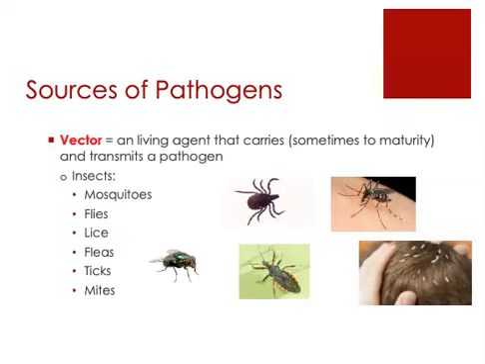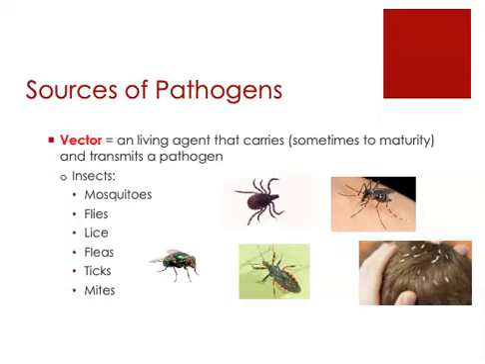Another important source of pathogens is the vector. A vector is a living agent that can carry and sometimes help to maturity a particular pathogen and then transmit that pathogen to a susceptible host.